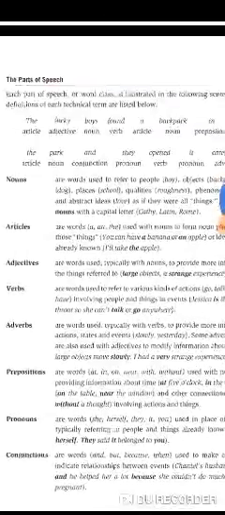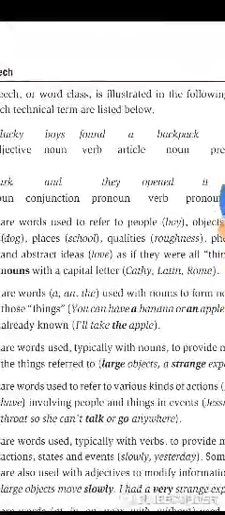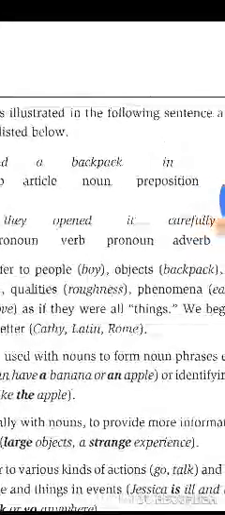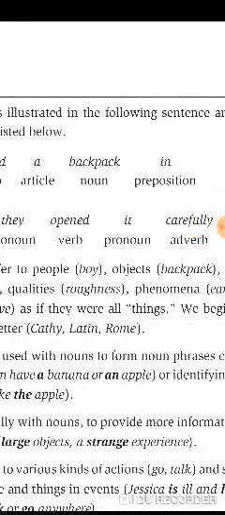Okay? Well, now let's go and read the second line. We understand the parts of speech here, okay? Look, the is an article. Lucky is an adjective. Boys is a noun. Found is a verb. A is an article. Backpack is a noun. And in is a preposition.